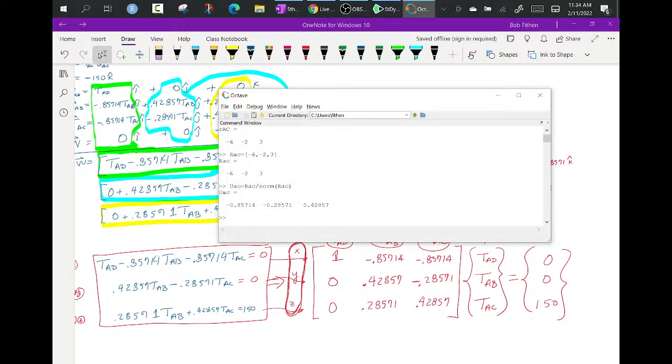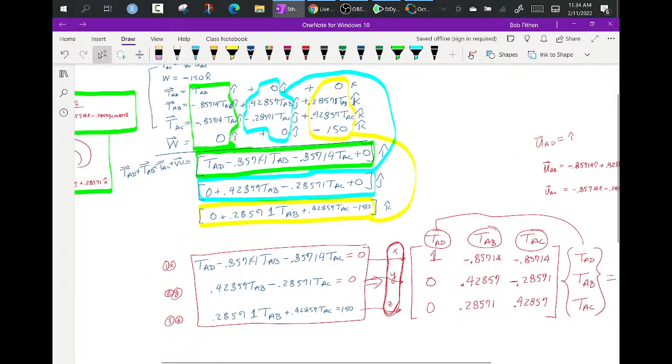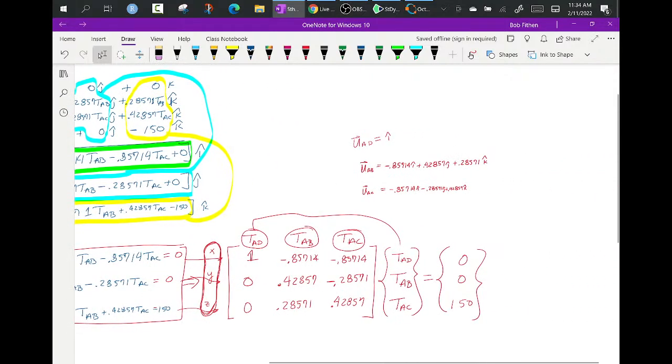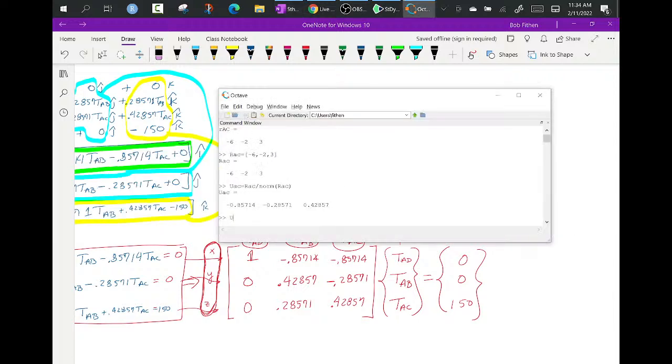So here's what I'm going to do. I'm going to come up with a UAD, because I didn't have one. UAD would be equal to 1, 0, 0.